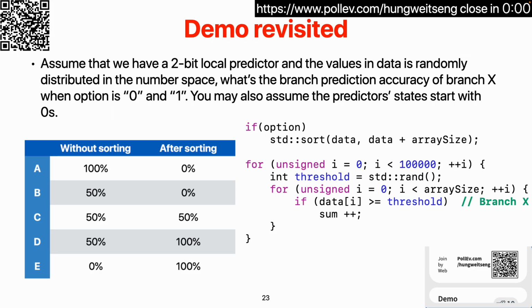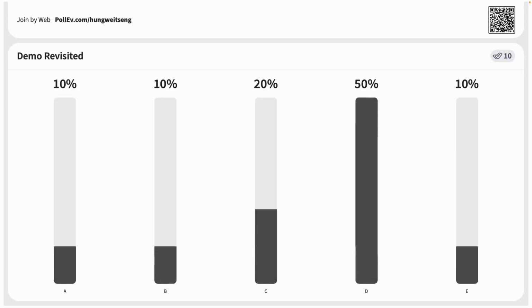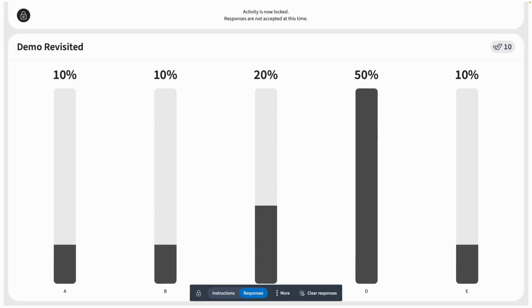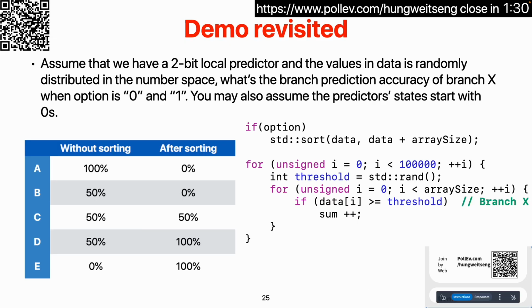All right, let's take a look at what you think. Looks like half of you agree with an answer. Some of you don't agree with that. So why don't we discuss with others and see if that changes your mind?